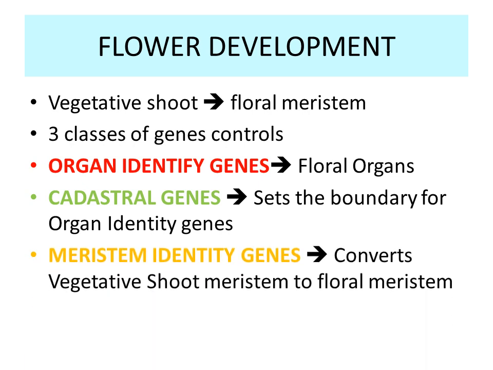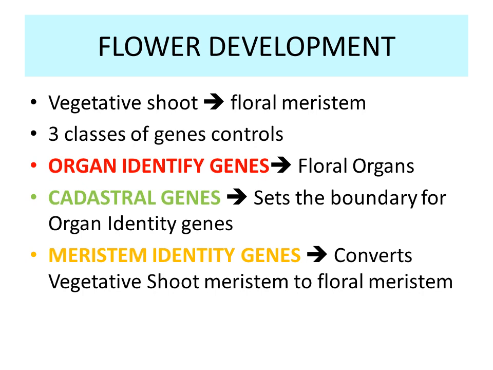Next type is meristem identity genes. They convert the vegetative shoot to floral meristem. So what will happen? The meristem identity genes will first activate and convert the vegetative shoot to floral meristem.